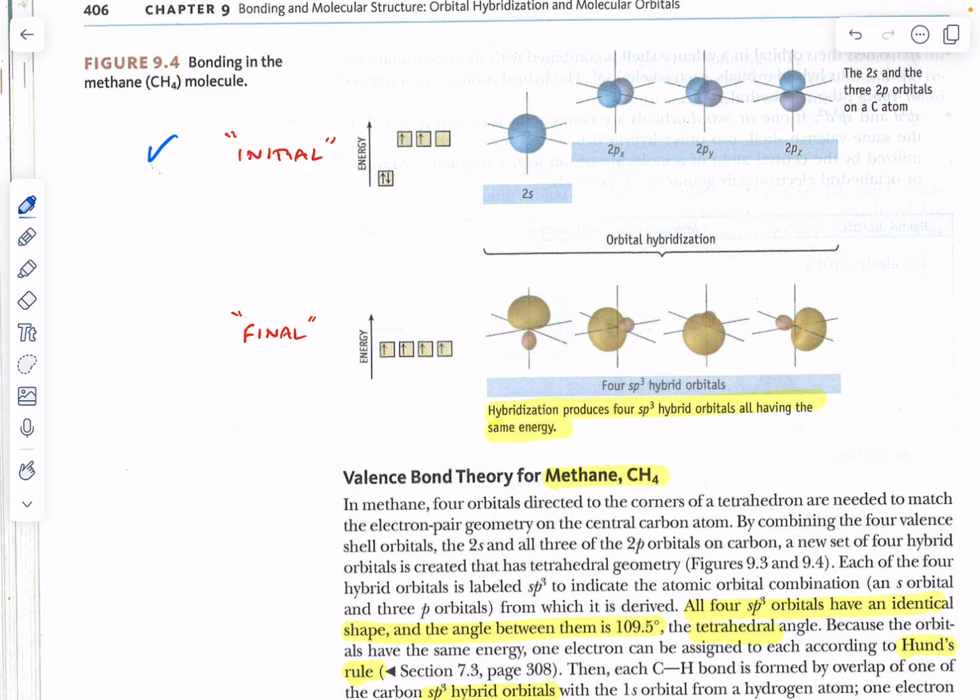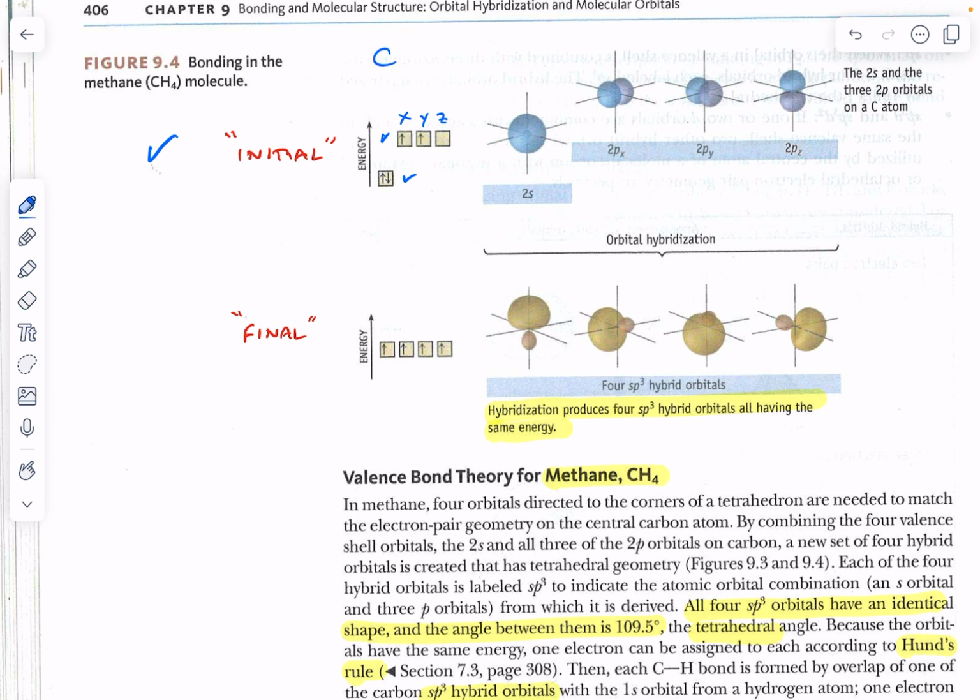The lowest energy, we're not counting the 1s subshell, but in terms of valence electrons, you've got the 2s subshell. And then once the 2s is filled, we move up to the 2p, and you have the x and the y and the z, and you put 1 in the 2px, 1 in the 2py, and now you've run out of electrons for your carbon.